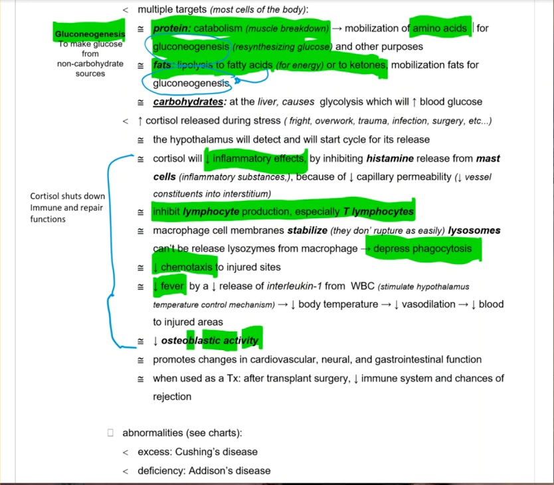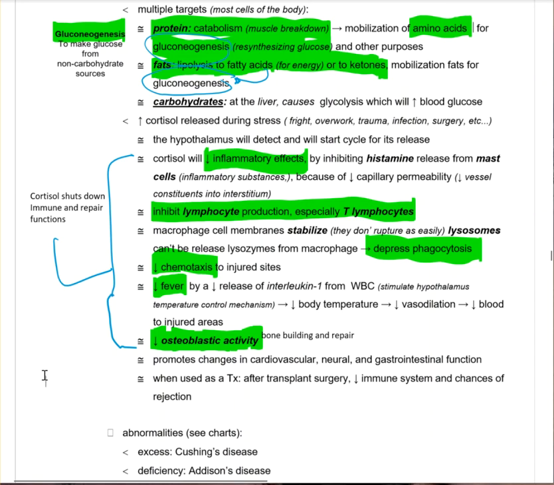It even decreases osteoblastic activity, and if you remember, that means building bone. So this is bone building and repair. All of these things that are bracketed by the blue there are because cortisol shuts down immune and repair functions. Now, there is one useful thing about cortisol that's because of this.